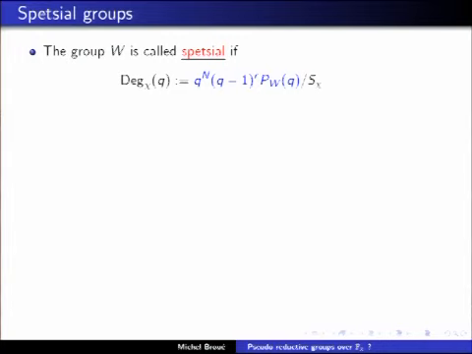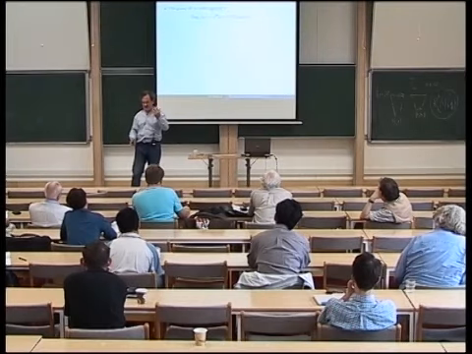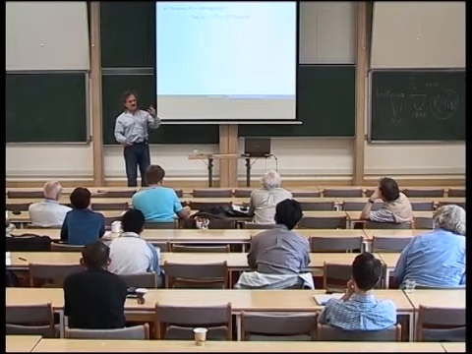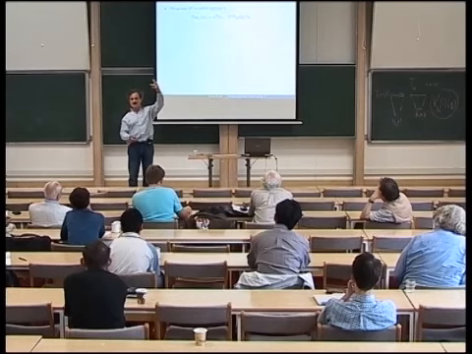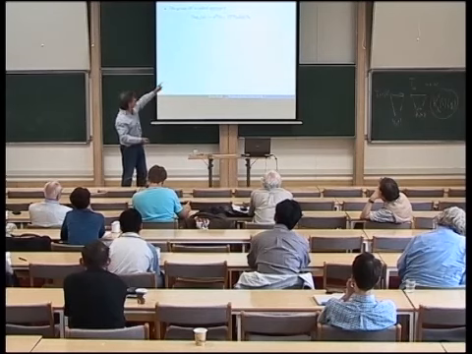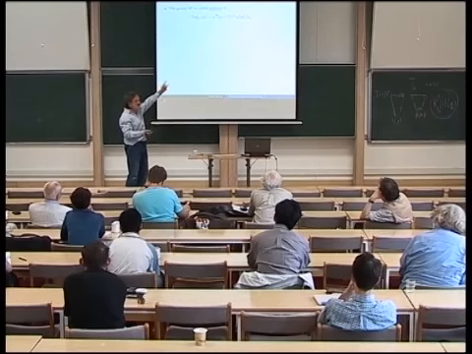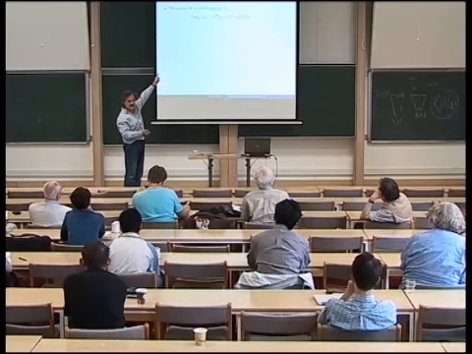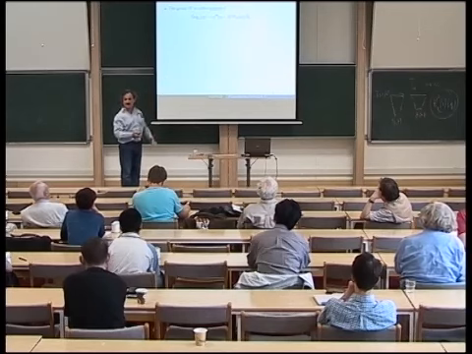And it happens that when you divide this by the Schur elements, which I defined just before, you find the degree of the corresponding character. Remember, the Hecke algebra has to do with the principal series. So in the principal series, you find some of the unipotent characters. These unipotent characters have degrees, and this is the recipe in Lusztig's theory to compute the degree of the character corresponding to this character of the Hecke algebra.